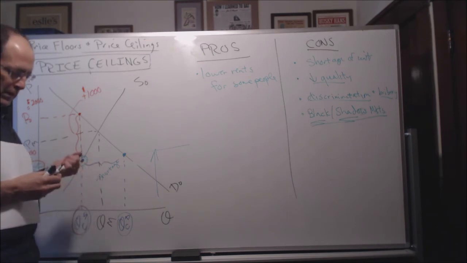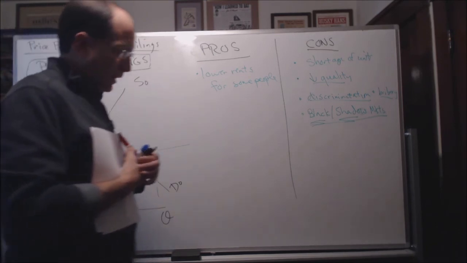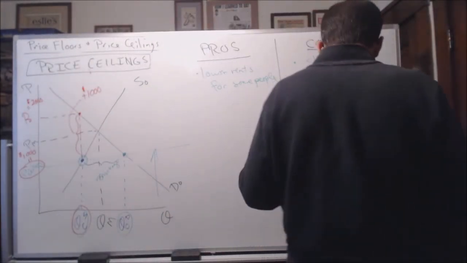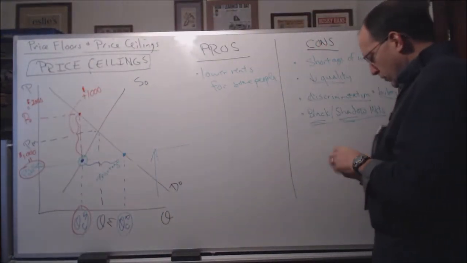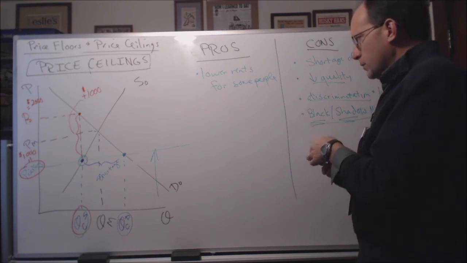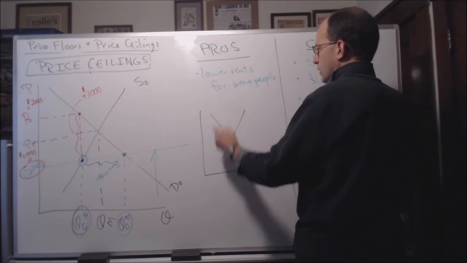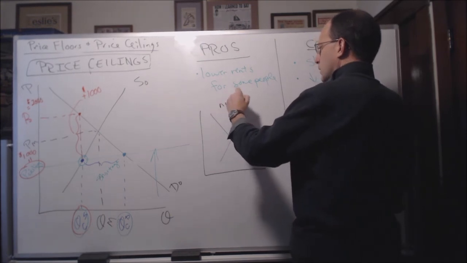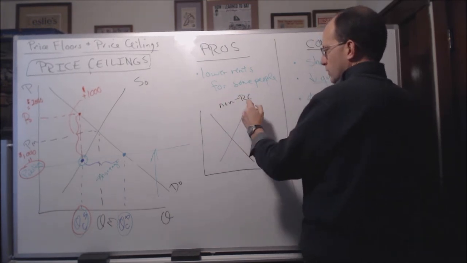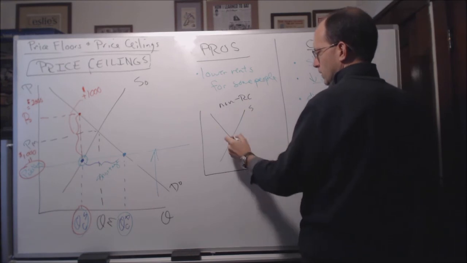One last con argument here as to a challenge with rent controls, and that is to ask you what happens to rents in the non-rent controlled part of town. So the non-rent controlled part of town, right?